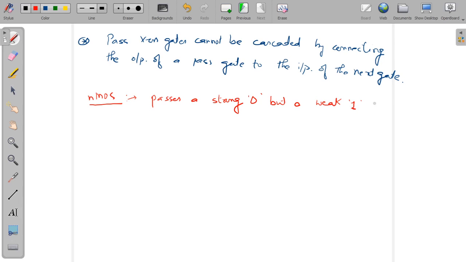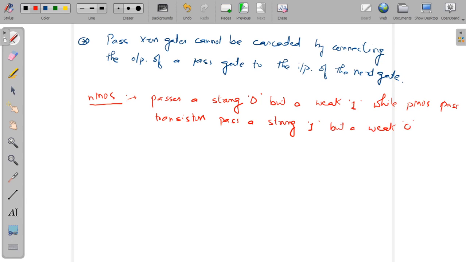Similarly, for PMOS FET we can write that PMOS pass transistors pass a strong 1 but a weak 0.